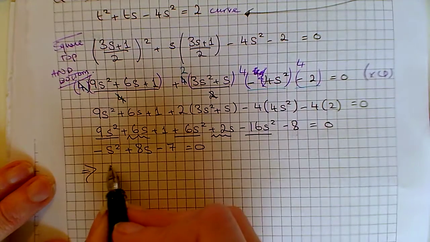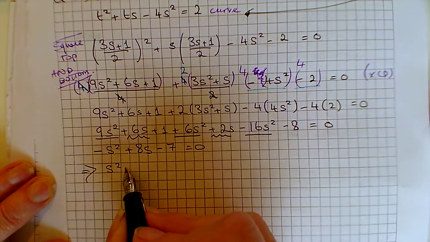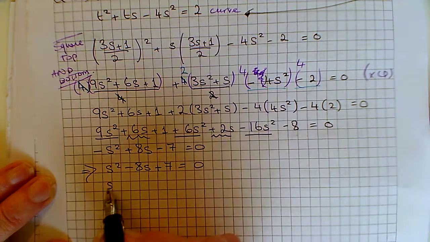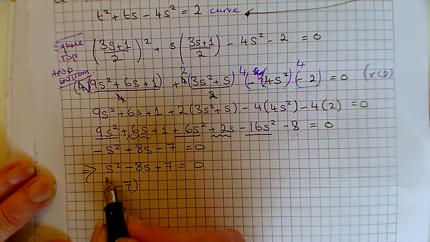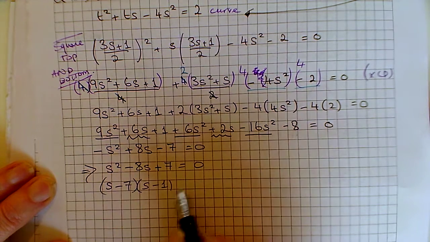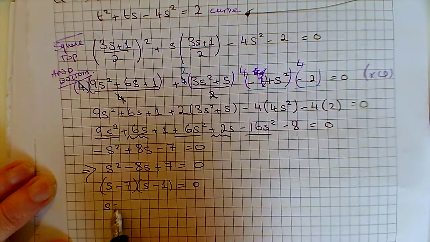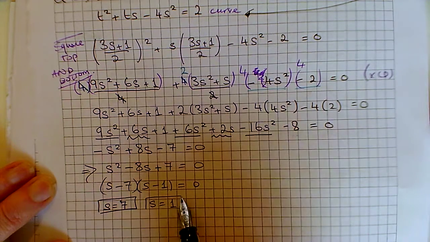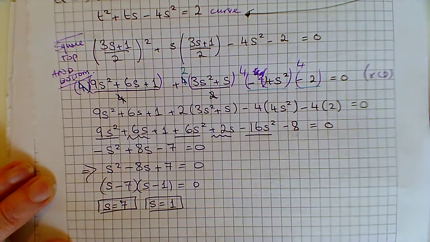So my quadratic, thankfully not too messy, s squared minus 8s plus 7 equal to 0. So s minus 7 and s minus 1 are my two factors, giving me s equals 7 or s equals 1. A lot of work in this question.